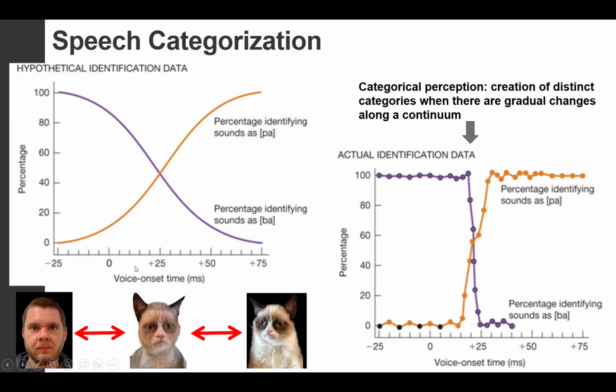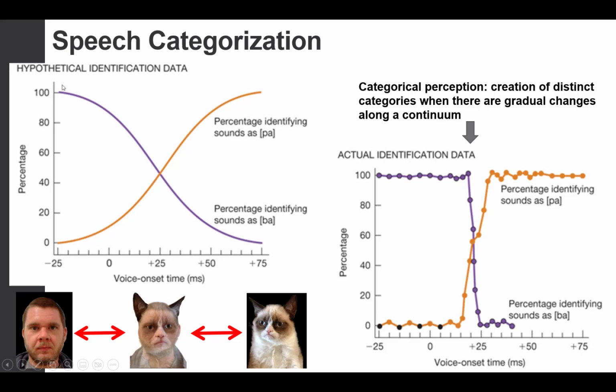Now, if we were to do that, then what you would expect is if this purple line were me, that when you showed a picture that was 100% me, 100% of the time people would say, yes, that's Dr. Miller. However, as we moved more towards the 50-50 Dr. Miller Grumpy Cat, you would expect about half the time they would say it's Dr. Miller. The other half of the time they would say it's Grumpy Cat, right? And so you get this smooth transition as we went through the spectrum.